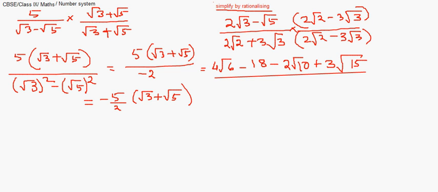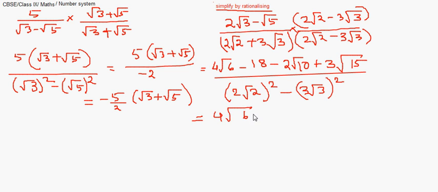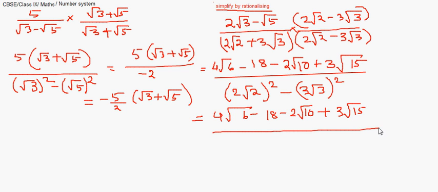In the denominator, as such, I'm getting a plus b, a minus b, so that makes it (2 root 2) whole square minus (3 root 3) whole square. The numerator would remain the same with no simplification further. Now 4 into root 2 square is 2, 2 4s are 8.